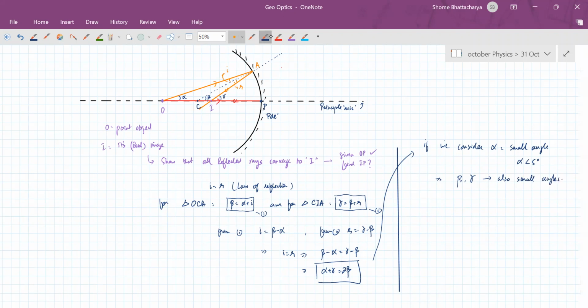So in that case, we are considering in our diagram something more like this. We are considering rays which are very close to the principal axis.